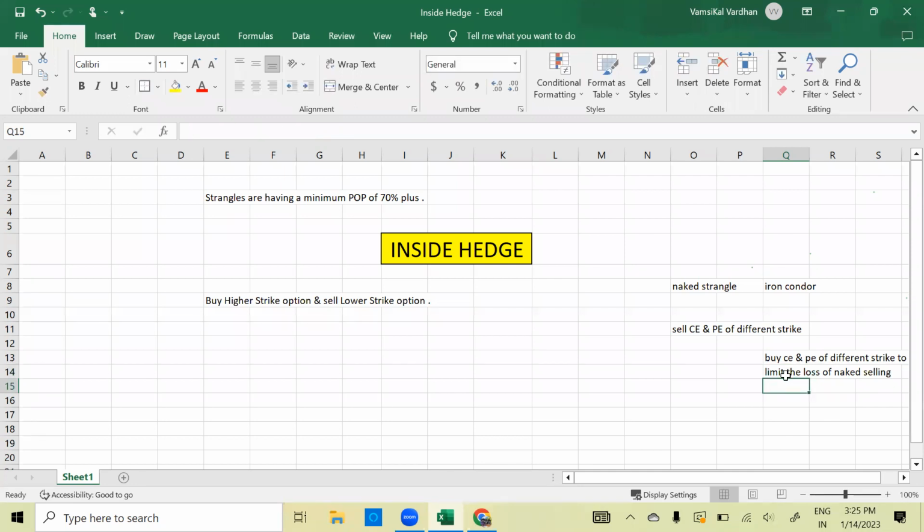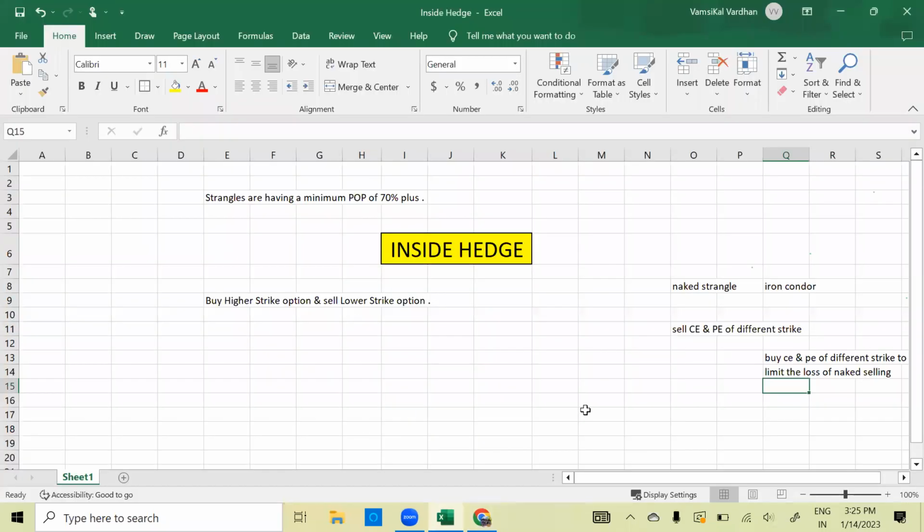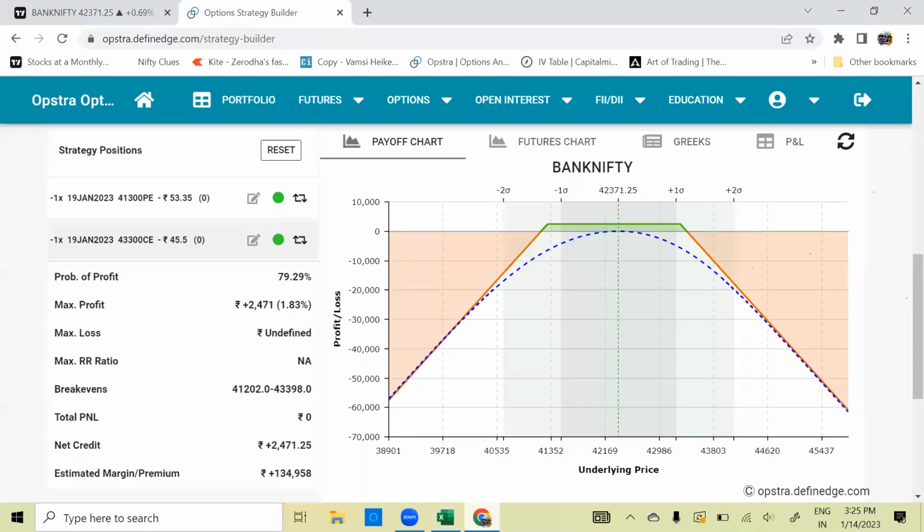So it's very simple. Naked strangle is nothing but sell a call and put option, like sell a 1,000 points call and a 1,000 points put, which is called a strangle. Here in iron condor, we will sell a 1,000 point call, a 1,000 point put, and I will take one more extra here.